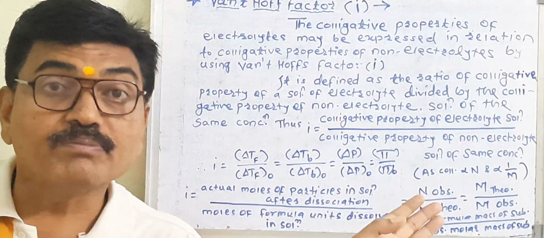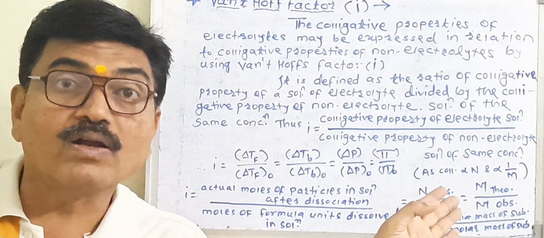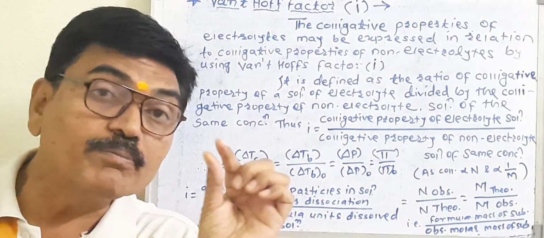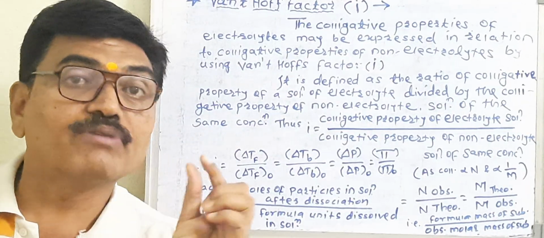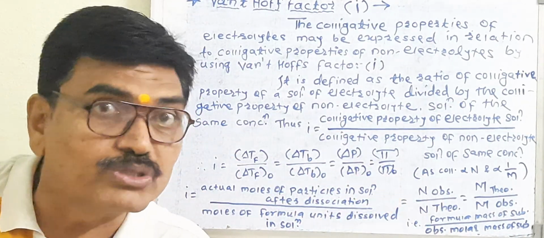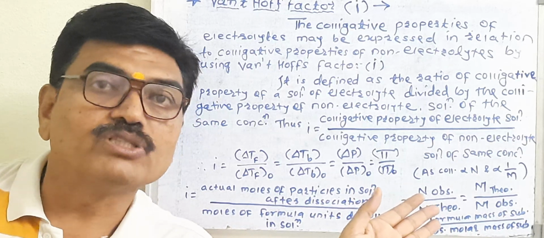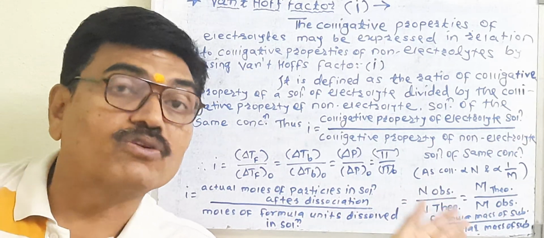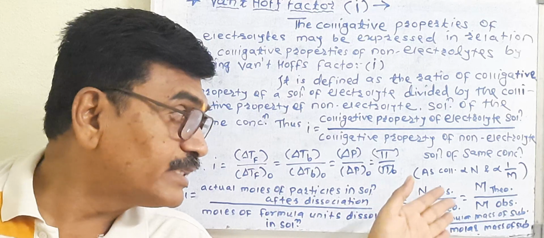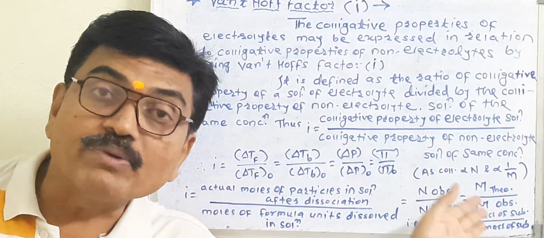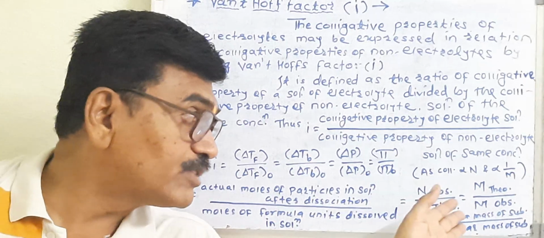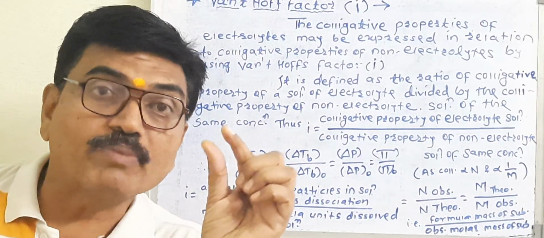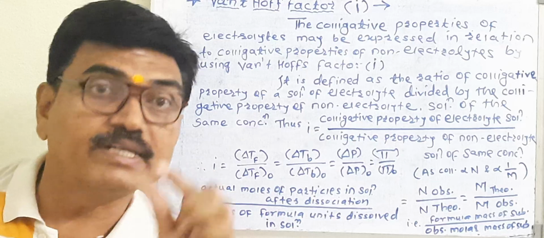The cations may form some pairs, or anions may form some pairs, and that's why the actual number of particles is again reduced. And that's why for highly concentrated solutions of strong electrolytes, the Vant Hoff's factor is not valid. Why is the Vant Hoff's factor not applicable for the solutions of higher concentrations of strong electrolytes?